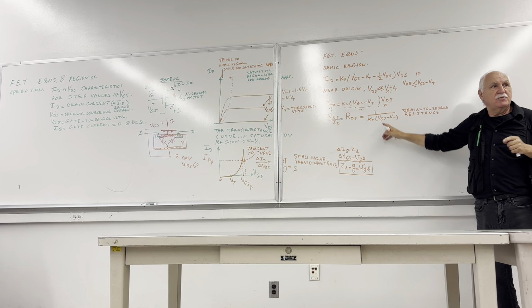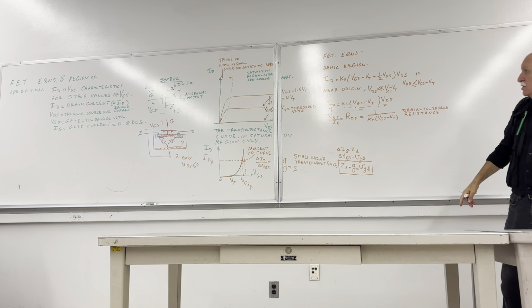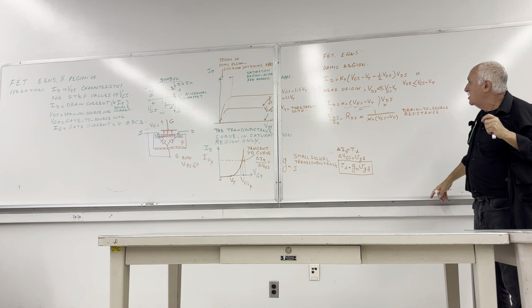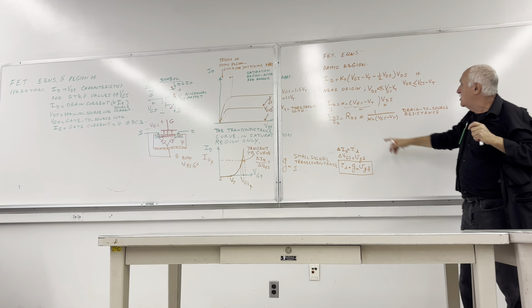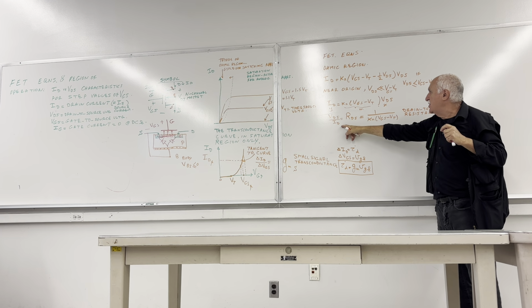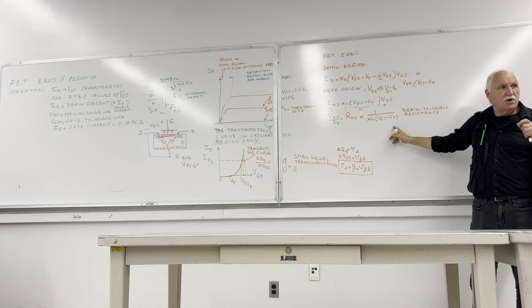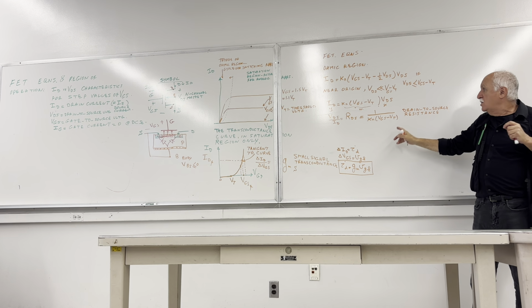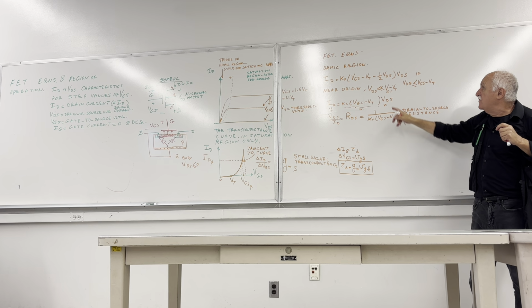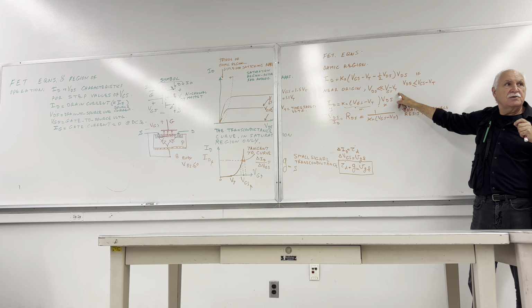VGS maximum. Yes? For the second ID, does that only happen if VDS is above VGS minus VT? This is the VDS over ID ratio. This line is expressed as that. Any problem there? I'm just wondering, does that only happen if VDS is larger than VGS minus VT? No, this happens if VDS is much, much smaller than VGS minus VT.